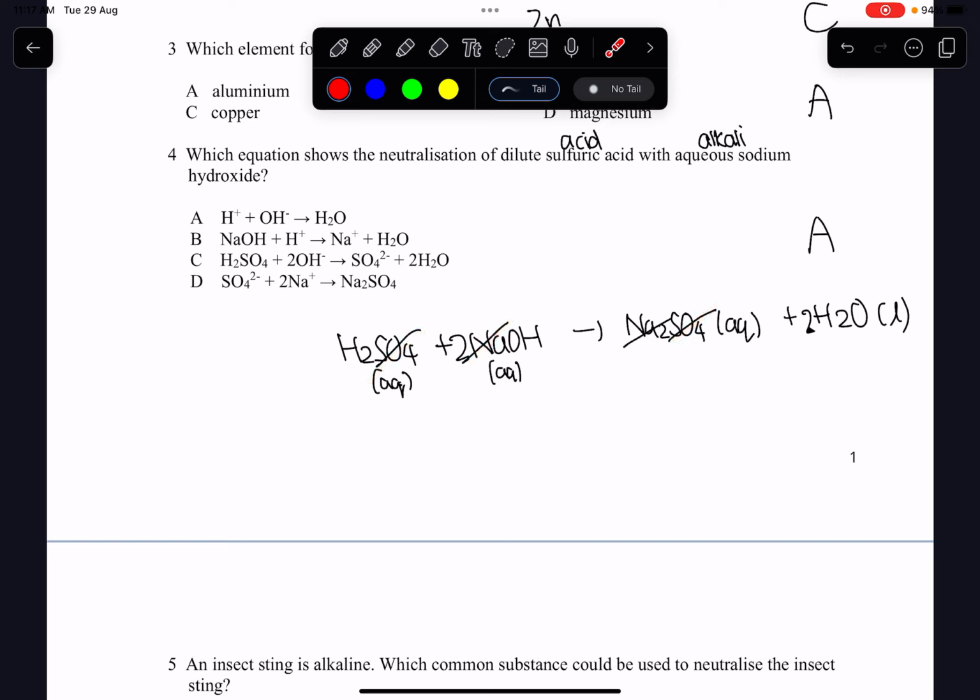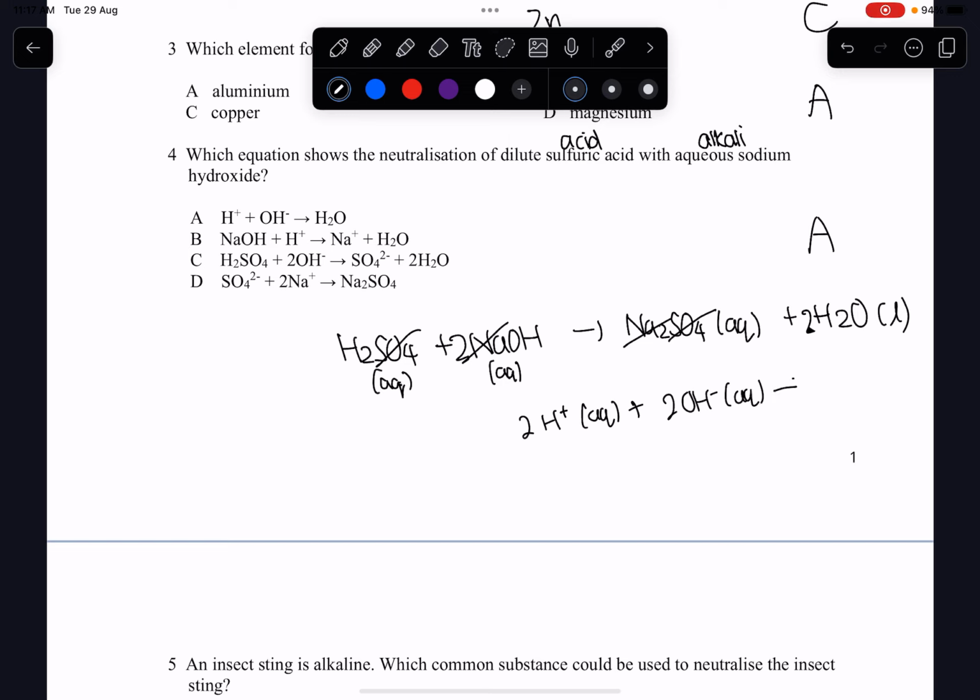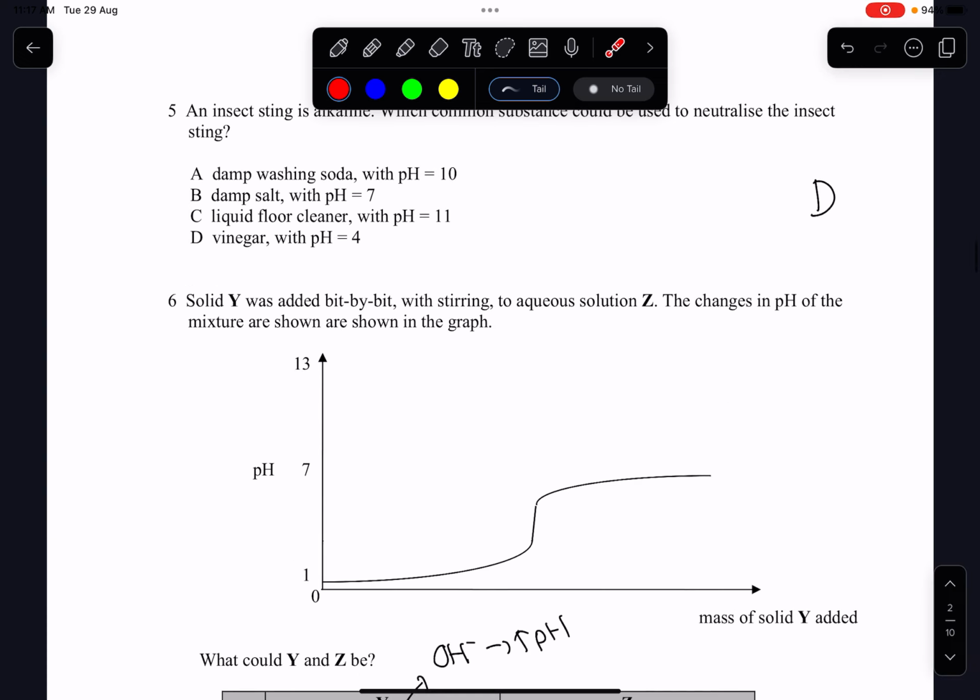What you end up with is 2H+ (aq) + 2OH- (aq) giving you 2H2O (l). If you simplify this further, you will get A. This H+ + OH- giving H2O ionic equation is true for all alkali-acid reactions, no matter what they are.